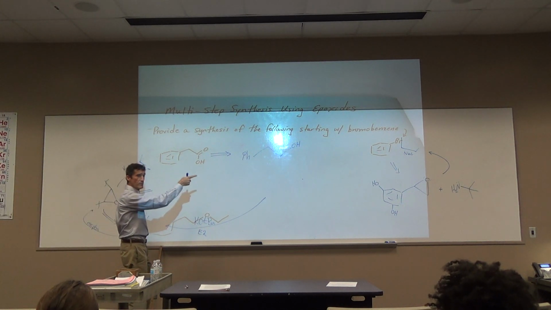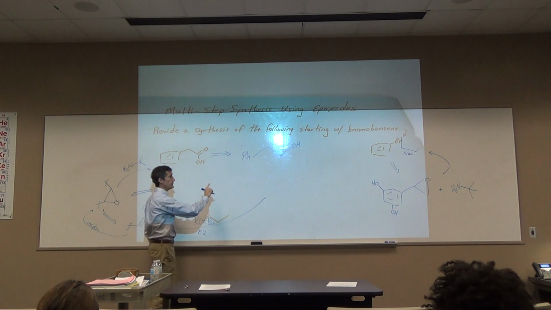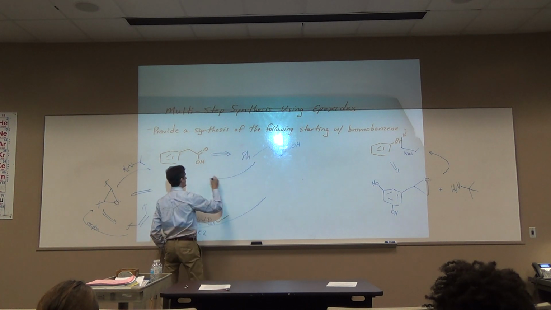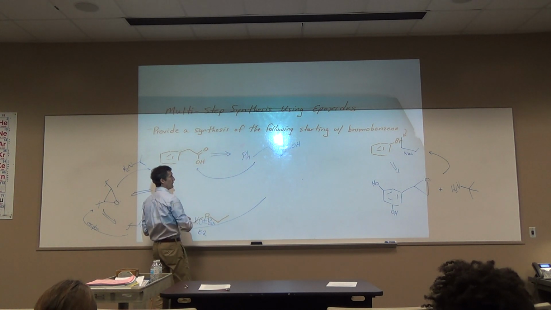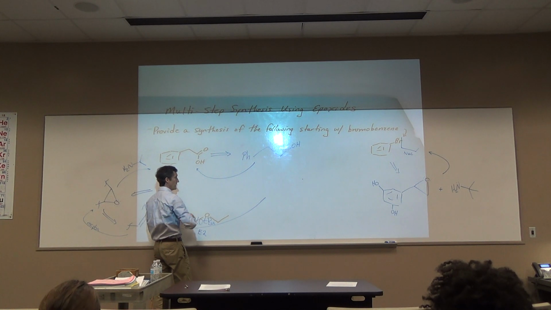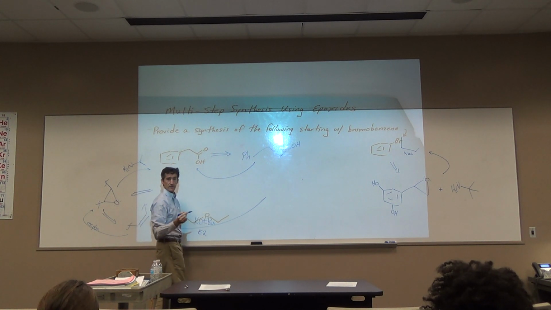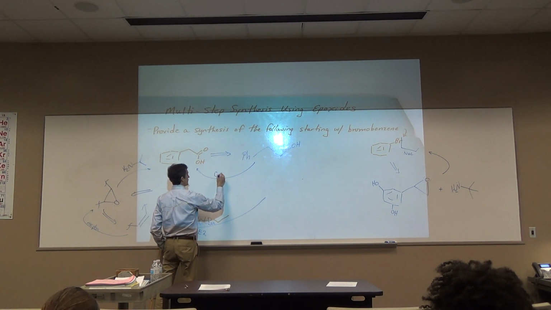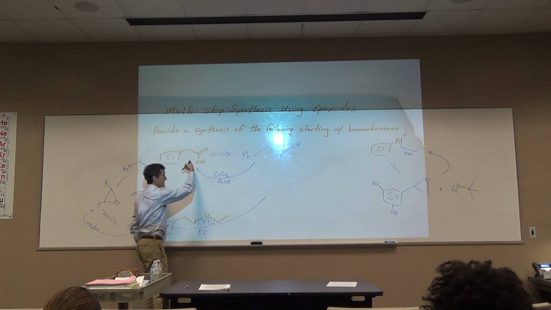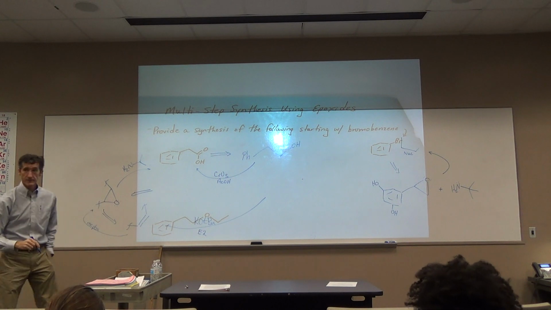Is that reasonable to go back to that? That is, if we were here, could you come forward to give that? What would you use? One of the big 3? Like maybe chromium trioxide and acetic acid or something. Would that give that? Okay.